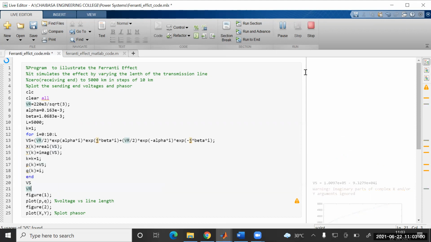Now we'll see the values, see the difference. That's the Ferranti effect. It's a 5000 kilometer long line, and we are giving this much current, and this is what we are getting.